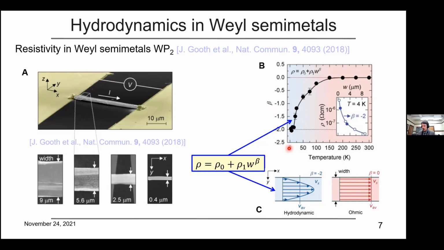And the exponent of this dependence exactly matched the exponent predicted from the hydrodynamic regime, exactly matched the exponent for the parabolic-like profile here. And that was a signature that allowed them to claim that they observed electron hydrodynamics in Weyl semimetal.